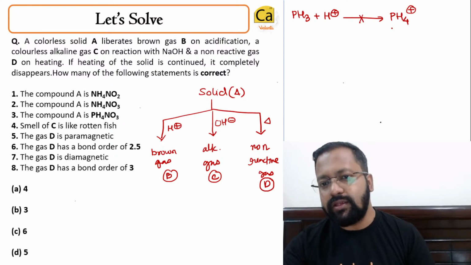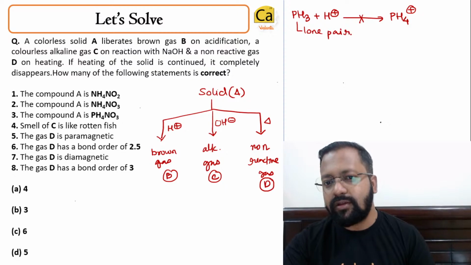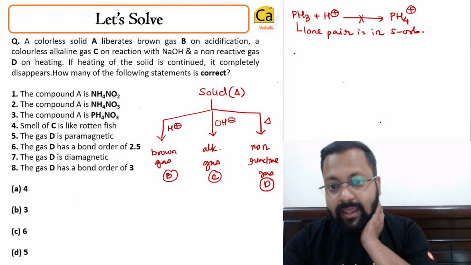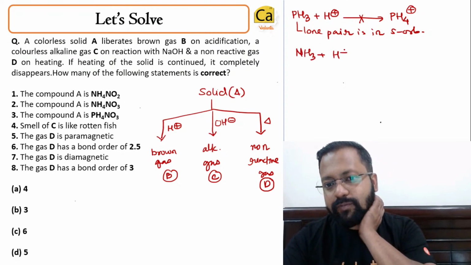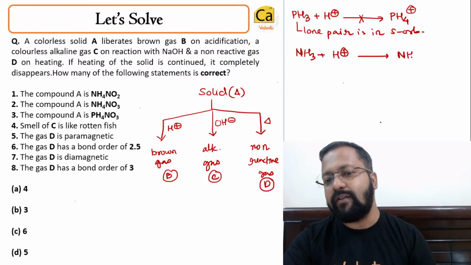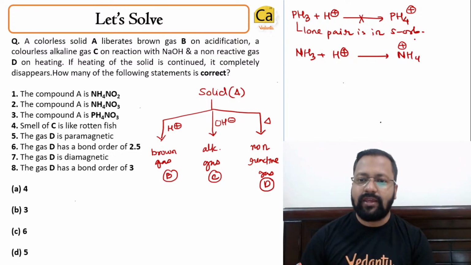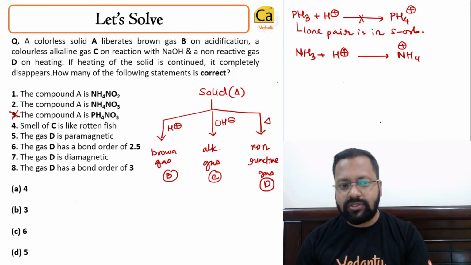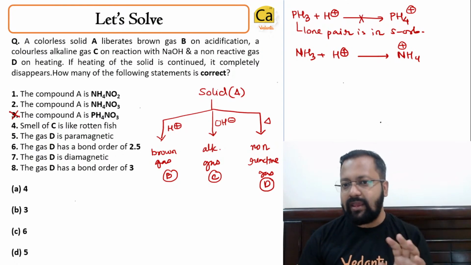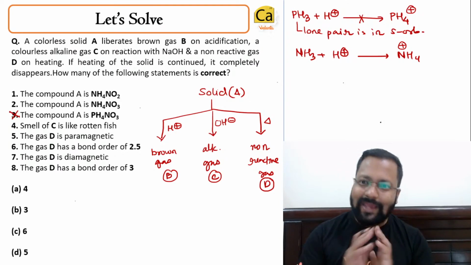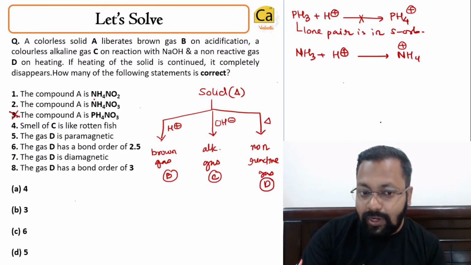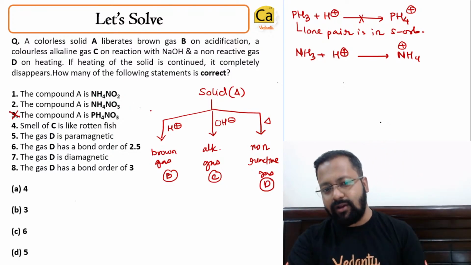PH4 plus is unfavorable because the lone pair is in S orbital. ठीक है, लेकिन अमोनिया को आप H प्लस डाल के इसको अमोनियम में कन्वर्ट कर सकते हो. ठीक है, सो ऑप्शन 3 तो होना ही नहीं है. इट इज नॉट पॉसिबल. कंपाउंड A फॉस्फोनियम रहेगा ही नहीं, क्योंकि PH4NO3 एग्जिस्ट ही नहीं करता है. नाउ वी हैव एन ऑप्शन ऑफ आइडेंटिफाइंग वेदर अमोनियम नाइट्राइट और अमोनियम नाइट्रेट इज द करेक्ट आंसर.